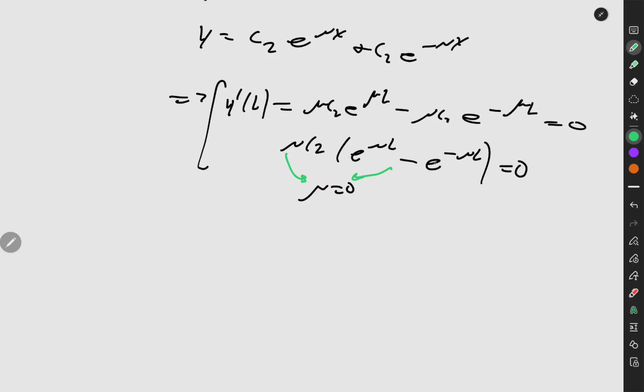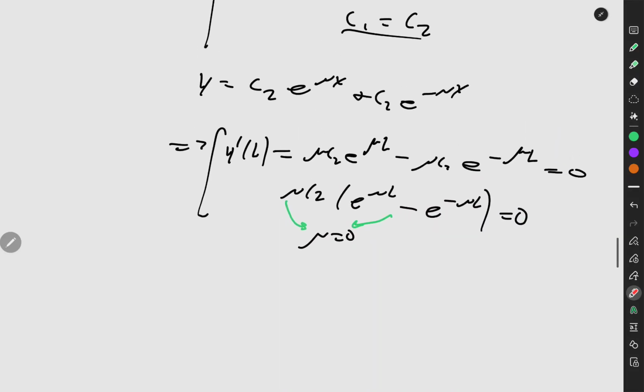But for this one, in order for this to be equal to 0, mu has to be equal to 0, because then that's 1 minus 1 equals 0. So mu is 0.